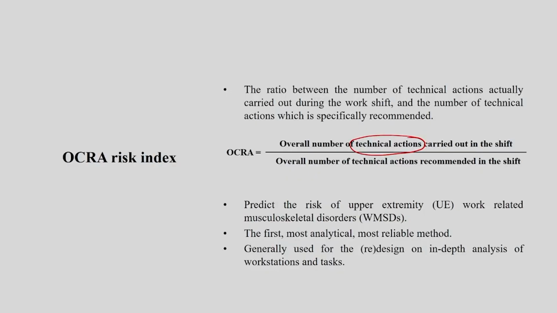We can say it is the ratio between the number of technical actions actually carried out during the shift and the number of technical actions specifically recommended for that task. It predicts the risk of upper extremity work related musculoskeletal disorder.